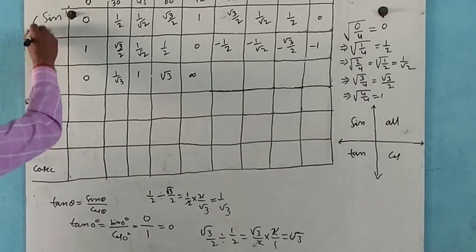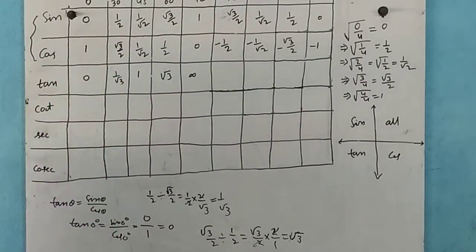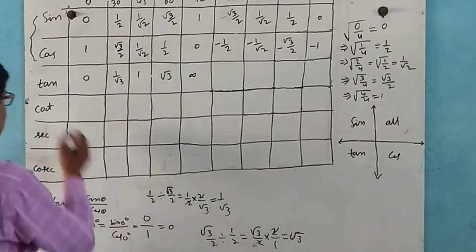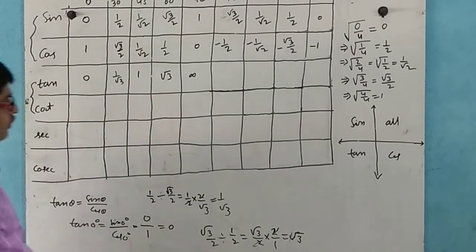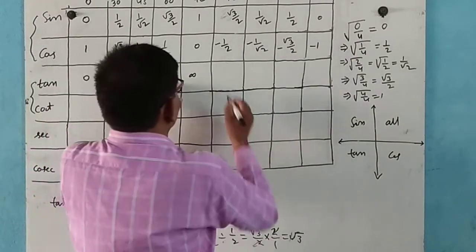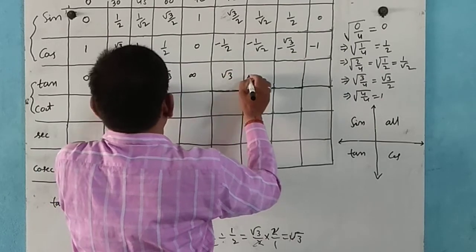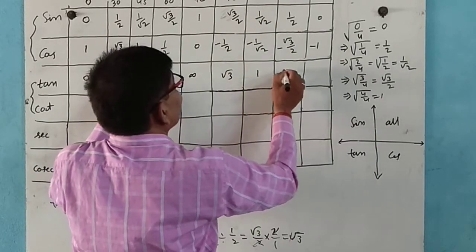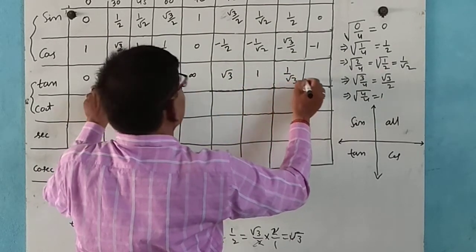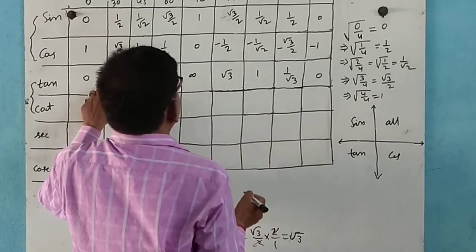These terms are by diagonal properties. Here, this can also transpose. Here, this comes here with the help of the transpose property, root 3. This comes here. This comes 1 by root 3. This comes 0.